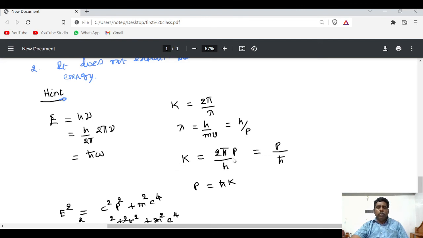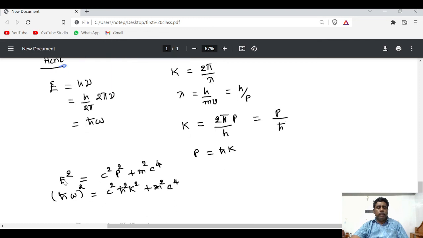Then k equal to 2 pi p by h. 2 pi by h is 1 by h cross, so this is p by h cross, then p equal to h cross k. In this way, we can get E square is equal to h cross omega whole square. Then instead of p square, we can put h cross square k square. The energy eigenvalues you can have. That's all about the Klein equation.